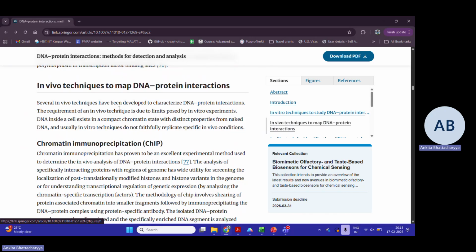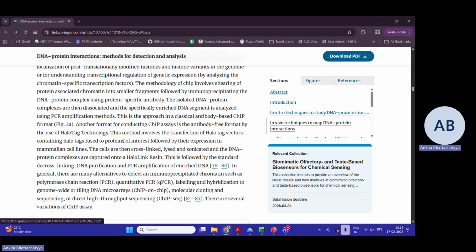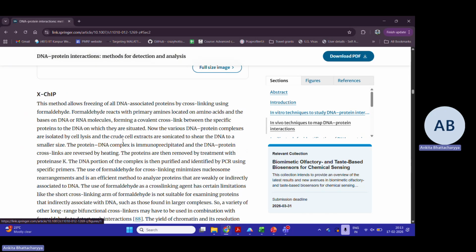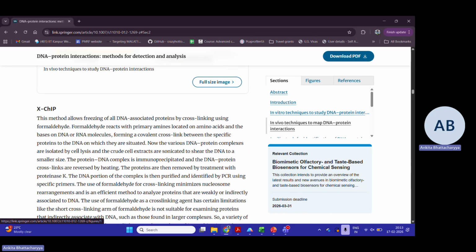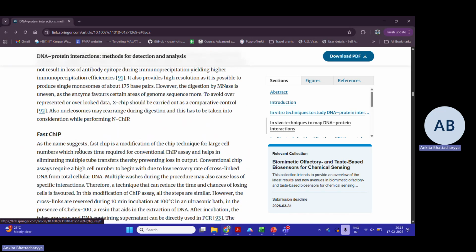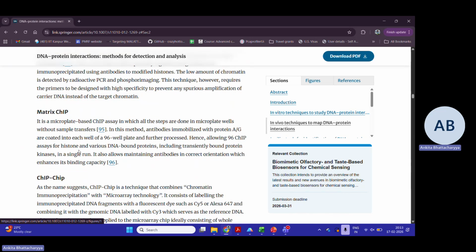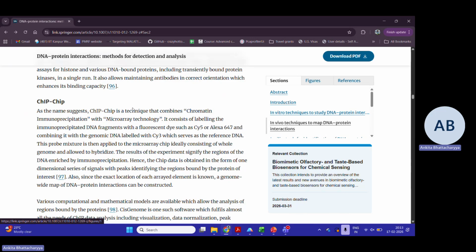Next set involves in vivo techniques, which I will not get into today, but basically it involves common techniques like ChIP, which is something I'll explain in the next class, native ChIP. X-ChIP is also another modification. You have fast ChIP, carrier ChIP, matrix ChIP, ChIP-on-chip, which combines chromatin immunoprecipitation with microarray.